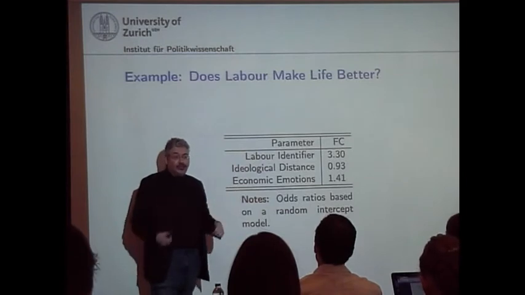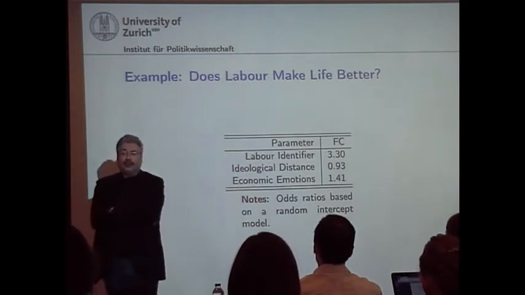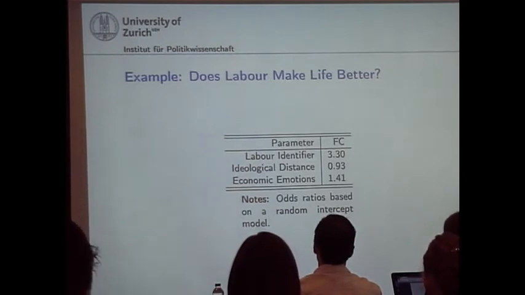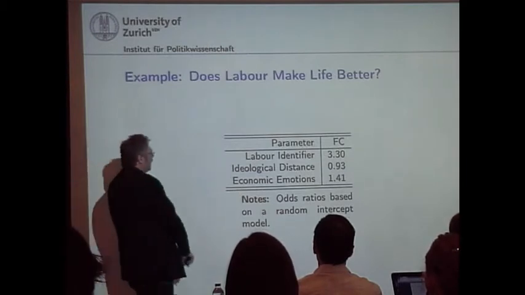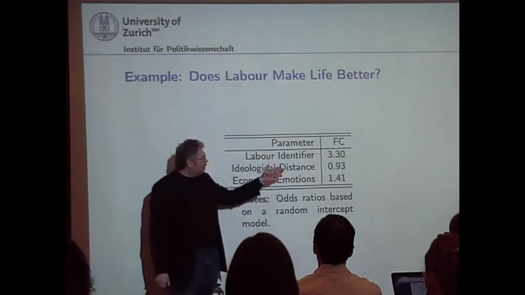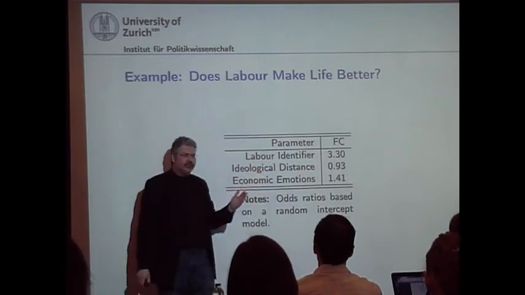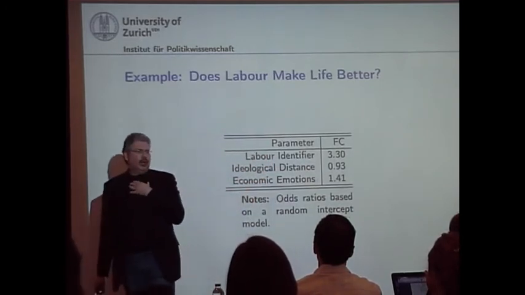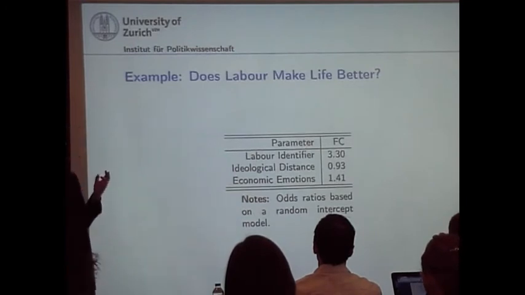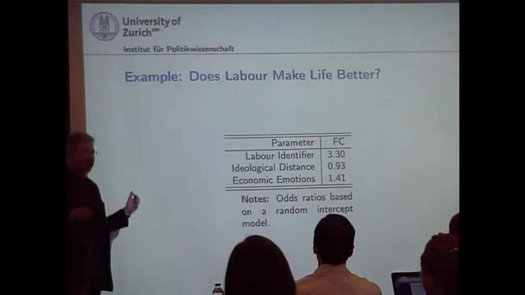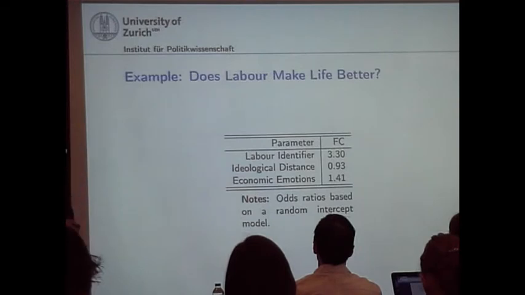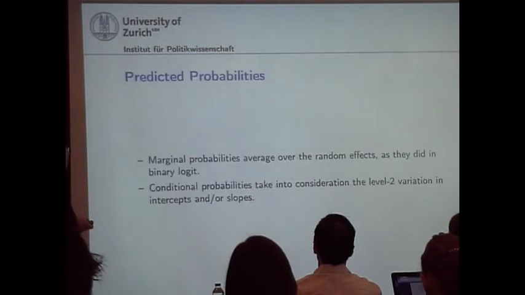So if you take that into consideration, you might find that there's really not much variation left in the cut points. And so actually, by the time you include these predictors, you could just as well estimate an ordered logit model without worrying about the multi-level structure too much.